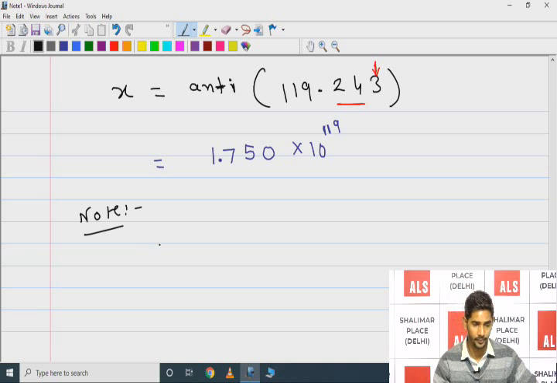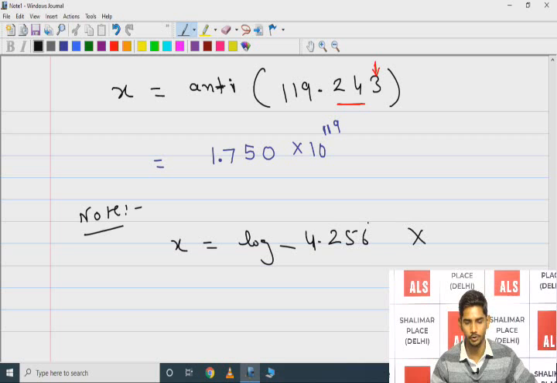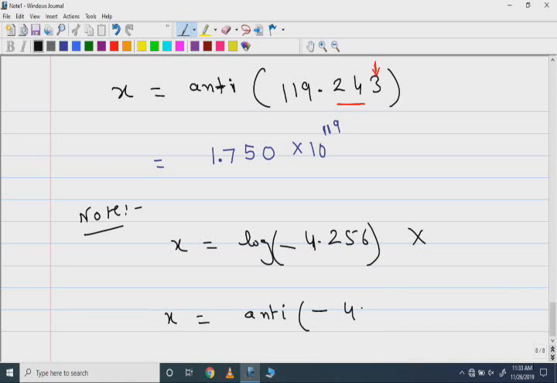Remember that x is equal to log of minus 4.256 is not possible to check, but x is equal to anti-log of minus 4.256, we can check the value of this one. Remember, we can check the value of negative numbers in the anti-log table. Now, the important part that you have to learn here, guys, just look at the screen. Try to understand this one.